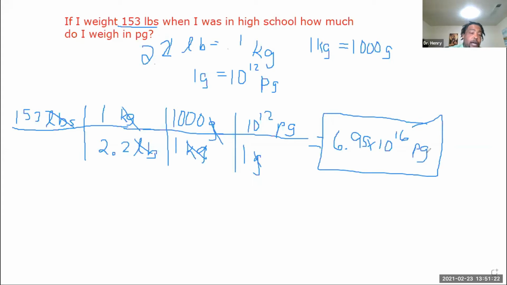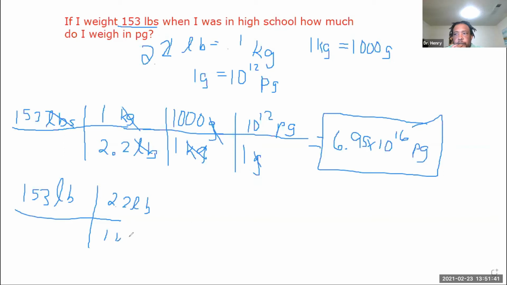A lot of times when I was doing problems as an undergrad, I would do things like what I just did with the numbers, invert the numbers, or I would invert the units. So I would put 2.2 pounds on top, 1 kilogram on the bottom, and then go through and do everything else right, keeping everything else the same.